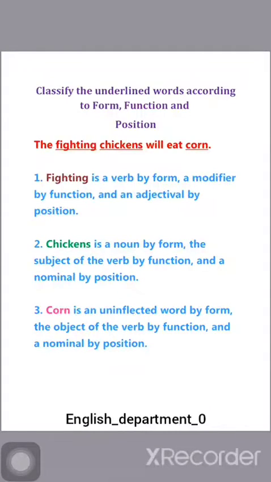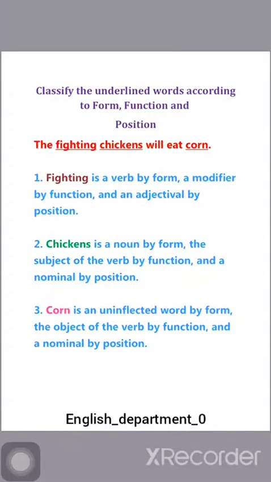Okay, this is the form. What about the function? So we say the fighting chickens. Here the word fighting modifies the word chickens. It says something about chickens. So in this case it is a modifier by function. Because it says something about chickens, it means what? That it occurs before a noun, and this place is one of the positions that is related to adjectives.